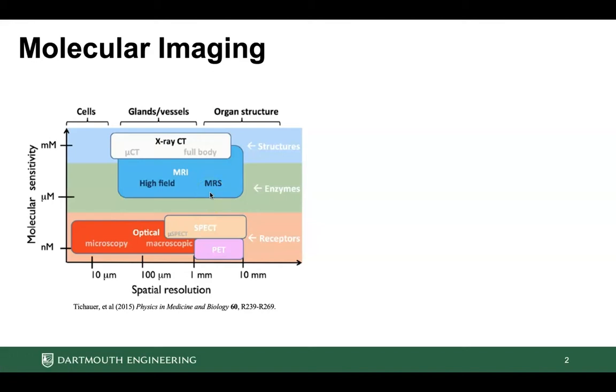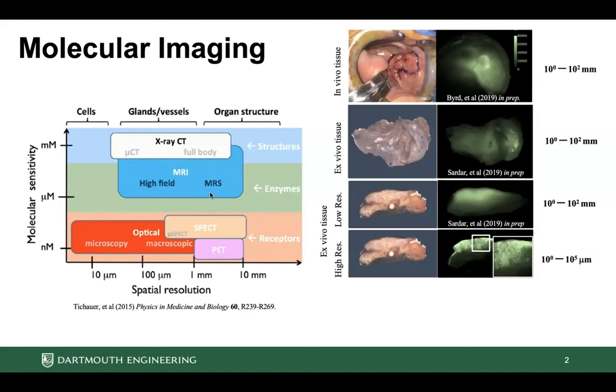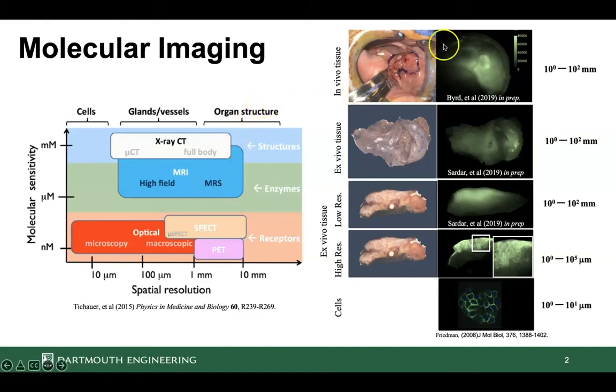resolution. To illustrate this even further, as you can see on the right-hand side, are fluorescent images of tumor tissue in a patient at the top, and excised as a whole gross specimen, and then as bread loaf slices as we move down.